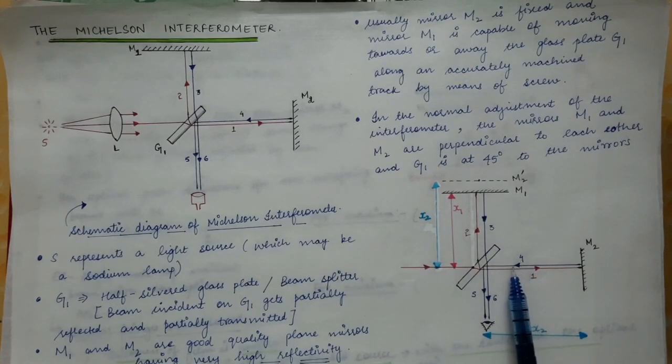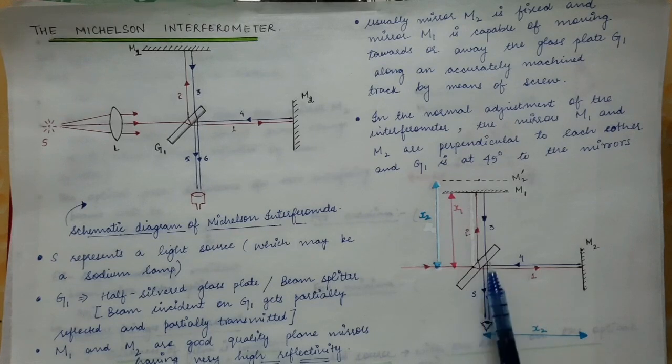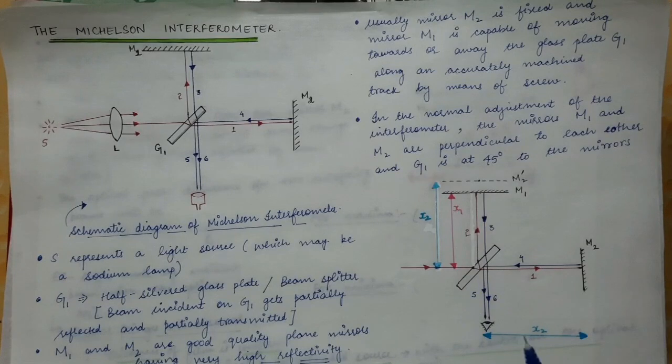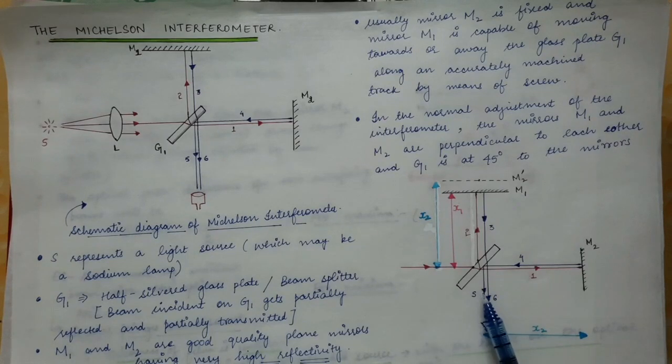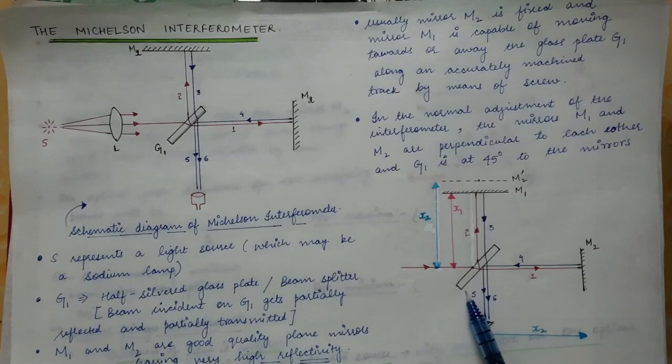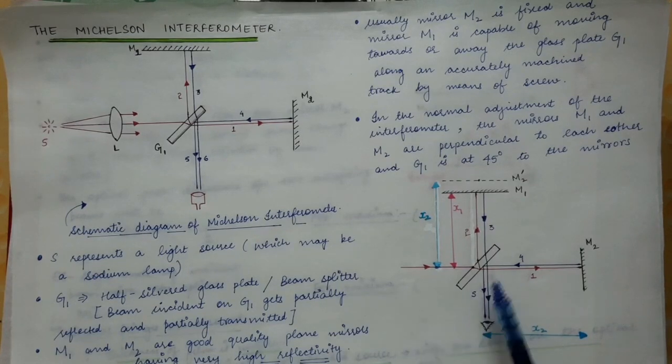Now ray 5 is getting reflected from the bottom side of this glass plate, which means it is getting reflected by the denser medium. Therefore a phase of pi, or a path of lambda by 2, will be introduced in ray 5 because it is getting reflected by the denser medium.